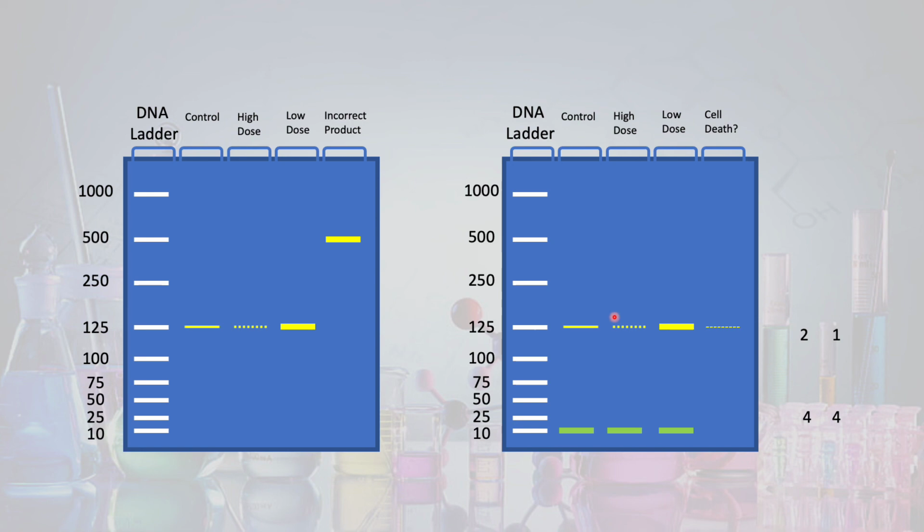So then in our high dose treated group, say this is a pixel intensity of 1 and our housekeeping gene is still 4. So we can say that this is 1/4. The ratio of our gene of interest to our housekeeping gene is 1/4. But between the two, because our housekeeping gene is identical, there's half as much mRNA of our gene of interest transcribed in our high dose treated group.